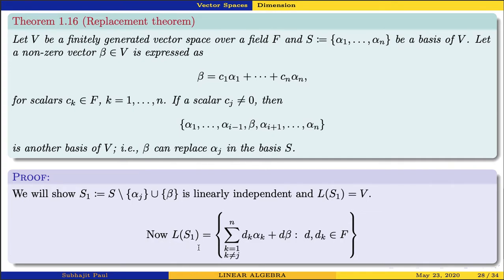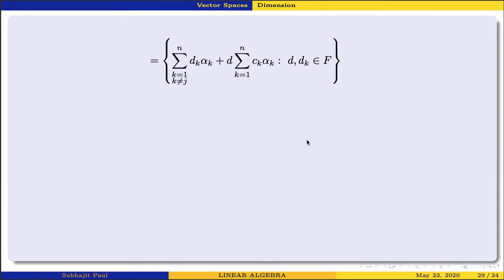So this is the linear span of S1: the sum of dk alpha k, where dk's are varying over the field F, k running from 1 to n, k not equal to j, and d is the scalar associated with beta. Fine, then what is this? The first term is unchanged.